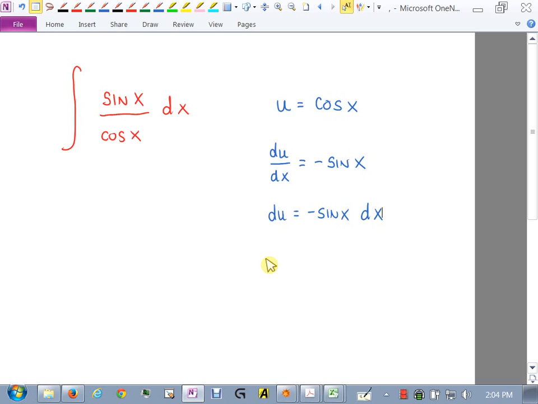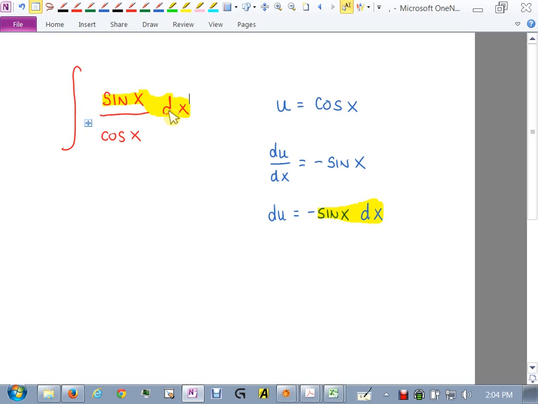Questions? Do you see the highlighted part here, sine x dx, is exactly what this is right here? Do you see that? Now that dx is like dx over 1, so it's really on top with the sine, isn't it?